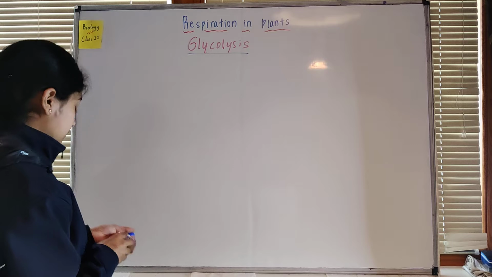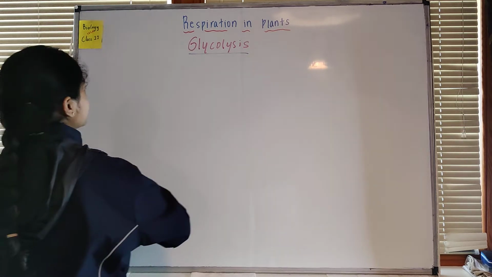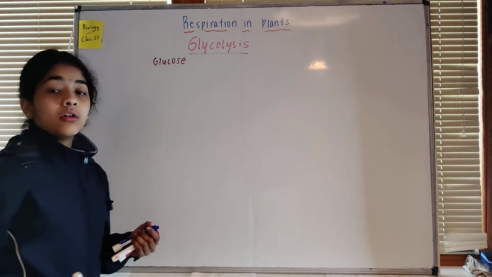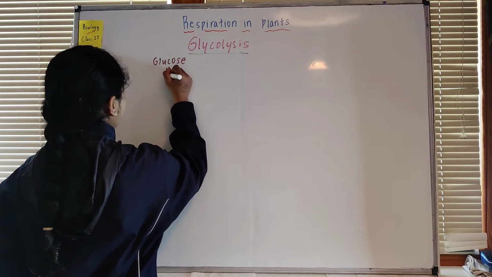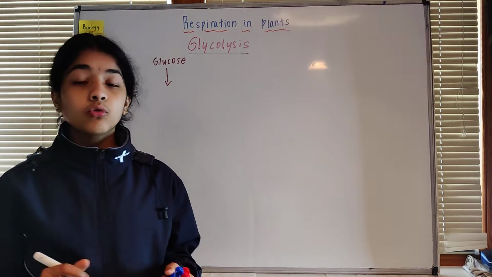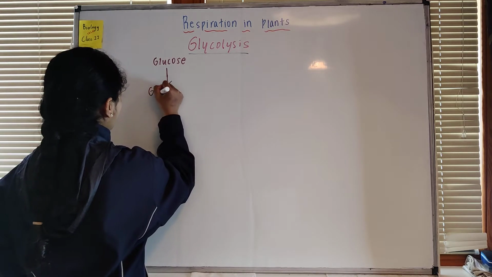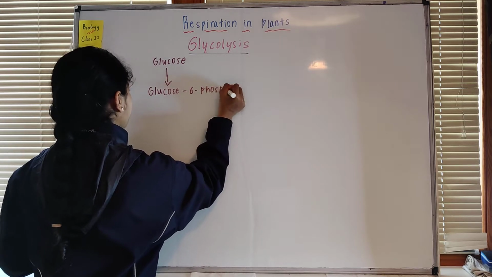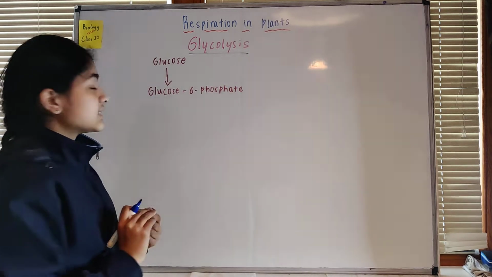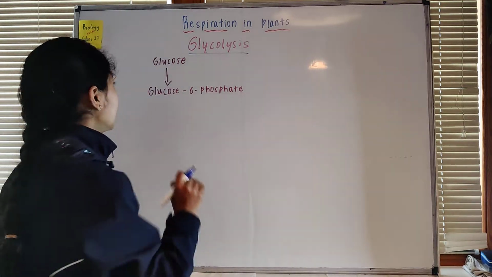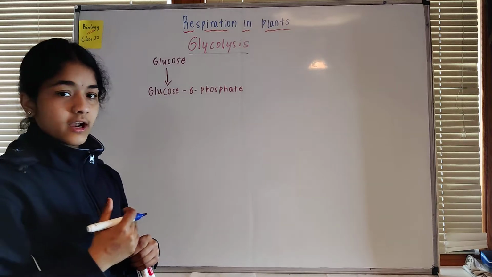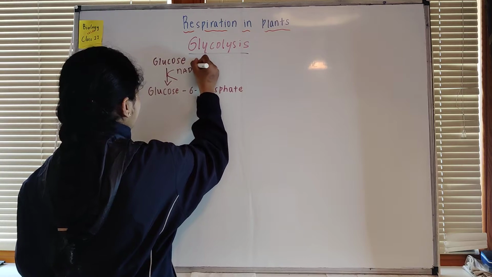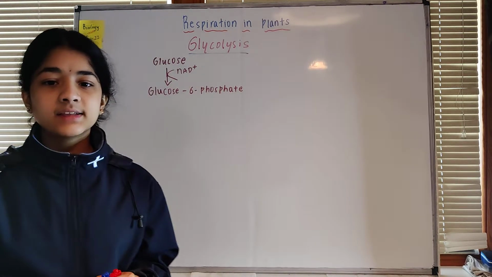So for this we have glucose first. Glucose is converted into glucose 6-phosphate, and this process is a redox reaction.